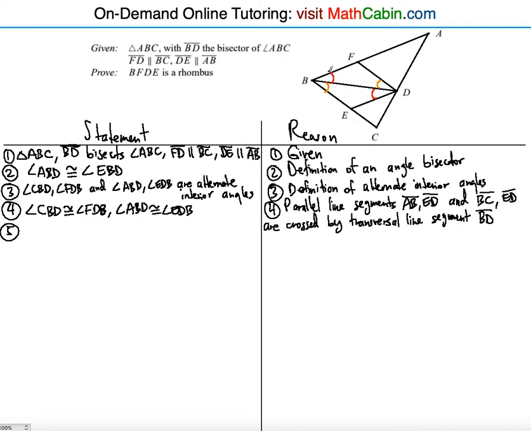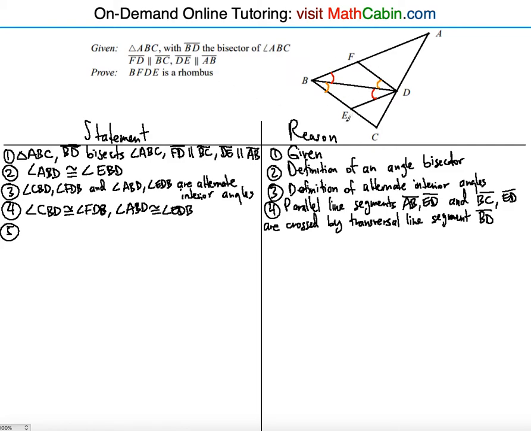Because if it is a rhombus, it's divided in half, and these two triangles would be congruent. So if you show that they're congruent, it will be really easy after that to show that this is a rhombus.